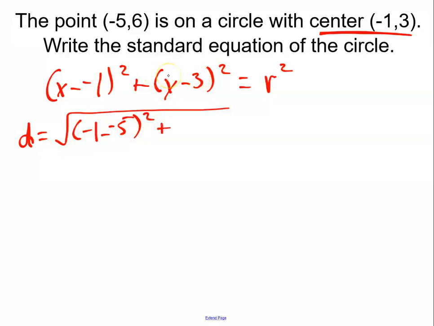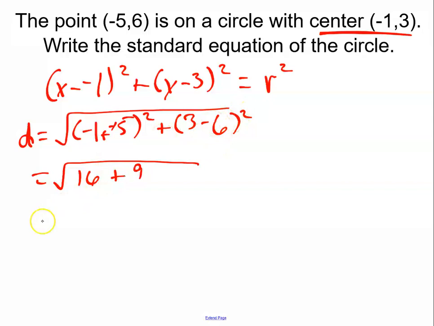Again, you'll notice it's pretty much our standard form of a circle, just with, instead of it being equal to r squared, you've square rooted the other side, because there's that relationship between the distance formula and circles. -1 plus 5 is 4. 4 squared is 16. 3 minus 6 is -3. -3 squared is 9. So that's the square root of 25, which is 5.